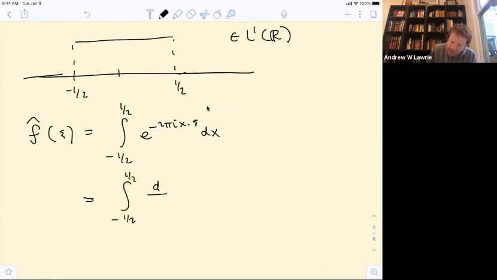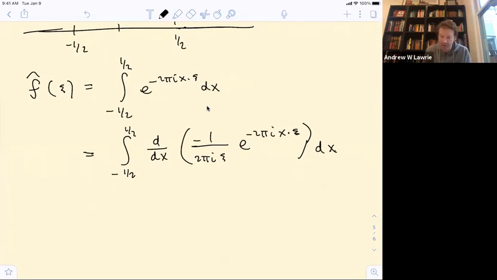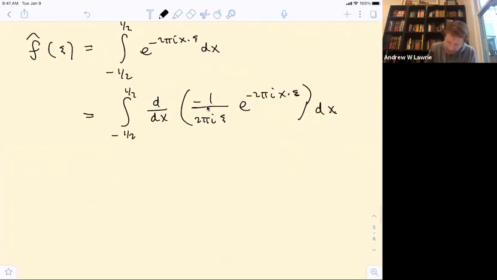This is 1 over minus 2 pi i xi times e to the minus 2 pi i x xi, and so this is just this function evaluated at the endpoints.